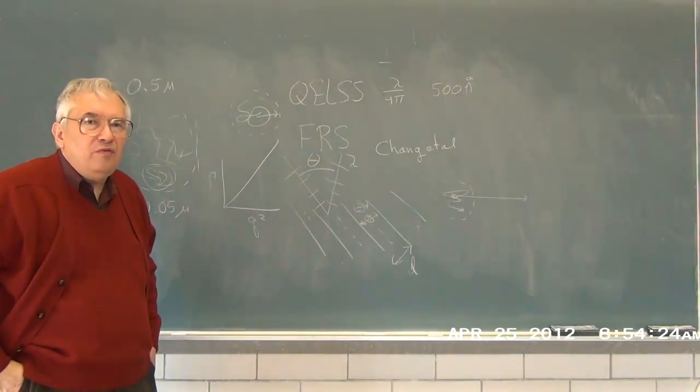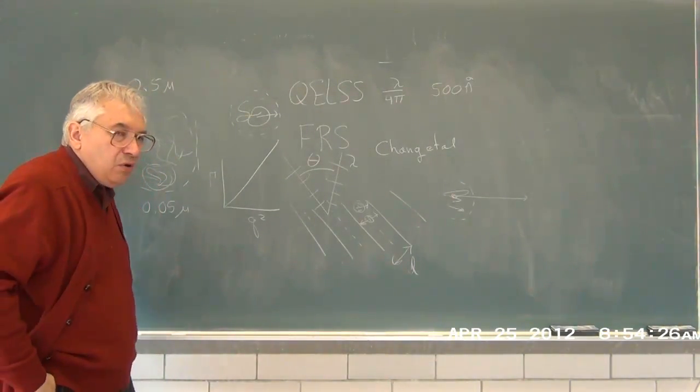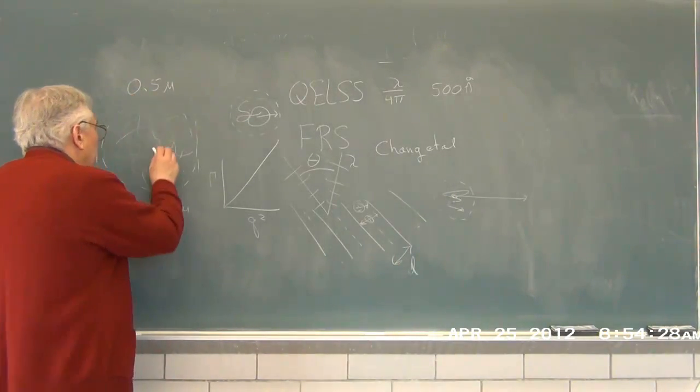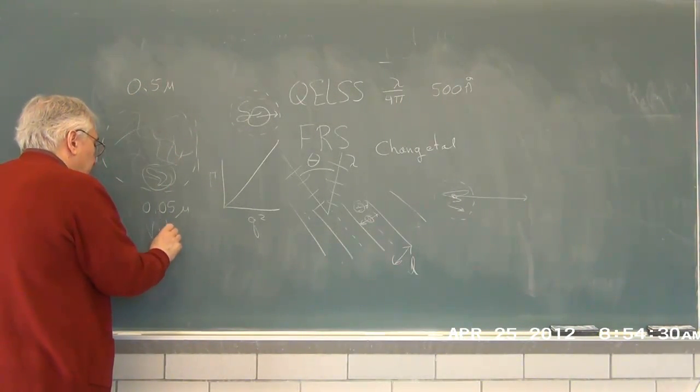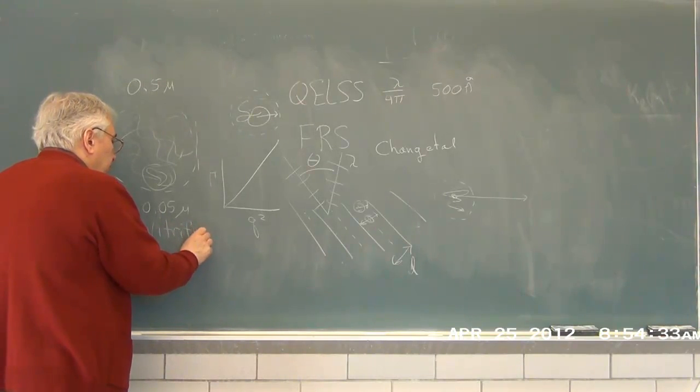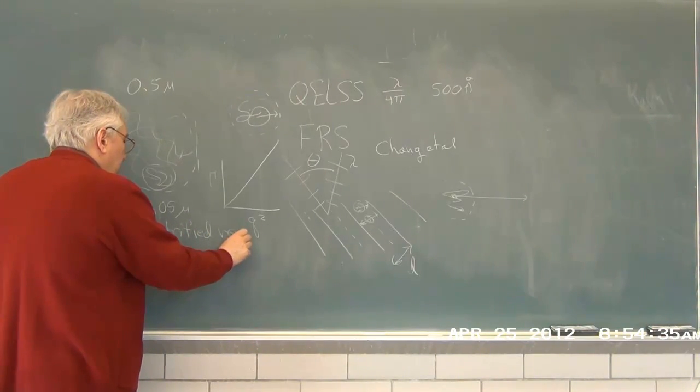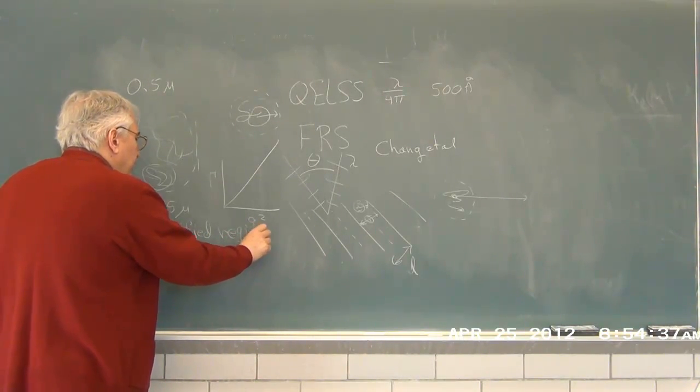And therefore, the moving objects are much larger than single polymer coils. And we may describe these as vitrified regions. What is the nature of the vitrified regions?